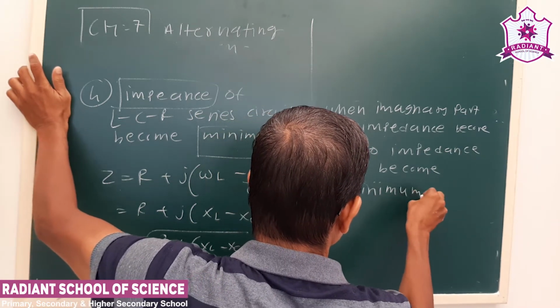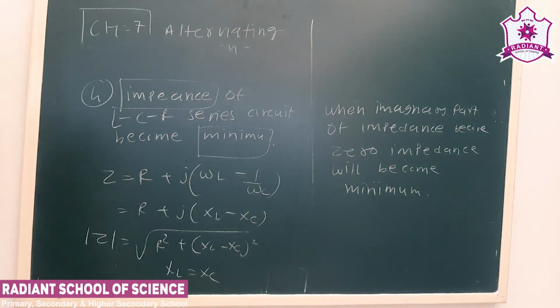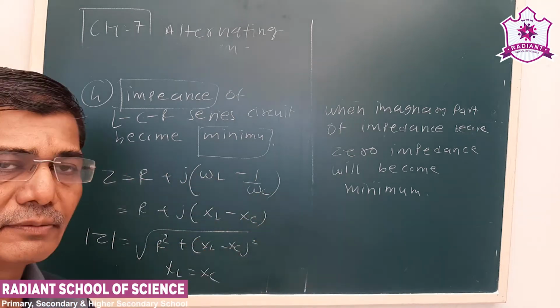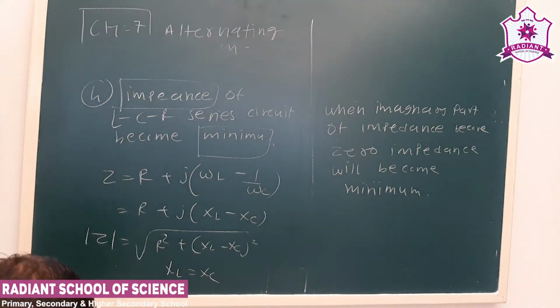Okay, so when the imaginary part of the impedance becomes 0, the impedance will become minimum. See the next question.